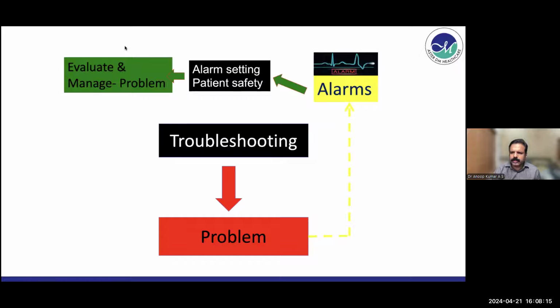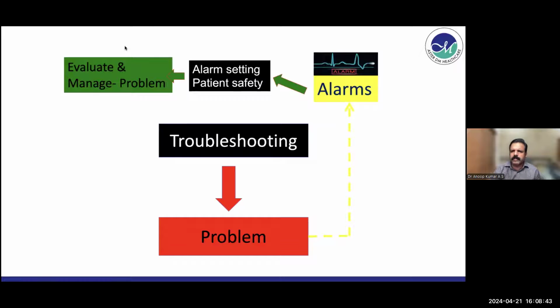In any good ICU where you are working, or if you are entering an ICU, if you hear unattended alarms, that means that ICU is not functioning properly, or the patients are not being taken care of properly. As I've already told, this is basically for patient safety. So whenever an alarm is ringing, you have to find out what the issue is with the patient or with the machine, and immediately intervene.